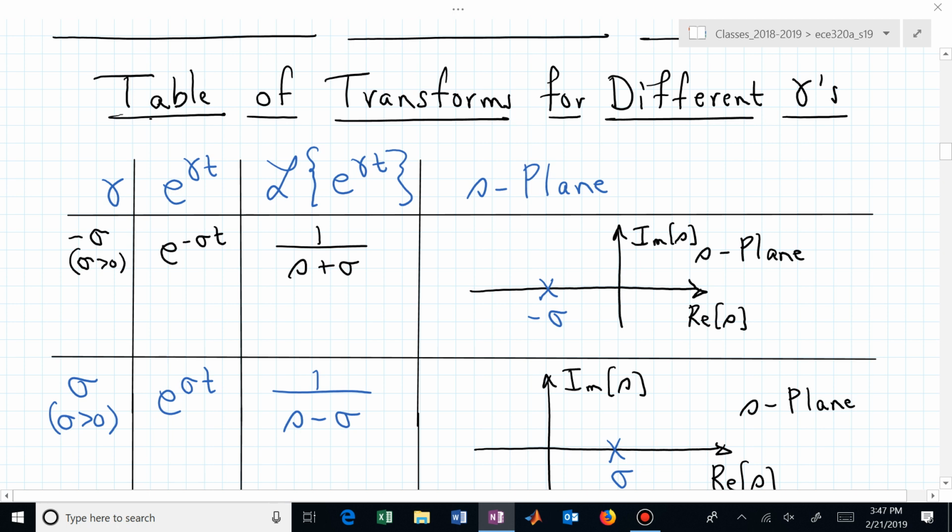If we had an exponentially growing waveform, e to the 5t, that's going to go unbounded rather quickly. It corresponds to 1 over s minus 5, and the pole is the value of s when the denominator is equal to 0. In this case, it would be when s is equal to 5.